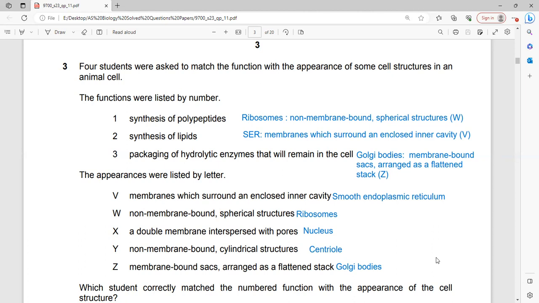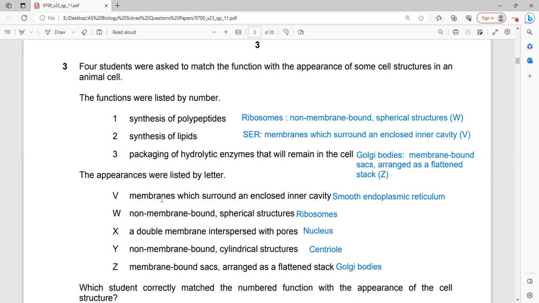It is formed by Golgi bodies. These are membrane-bounded sacs arranged as flattened sacs, stacked upon each other, making the Golgi apparatus. So this is suitable for the Golgi apparatus.